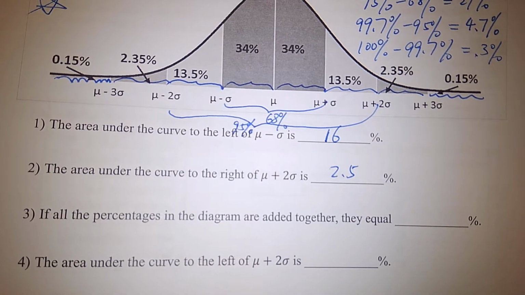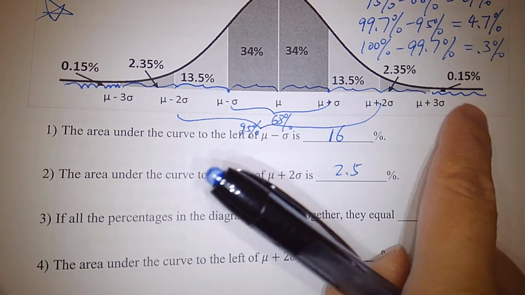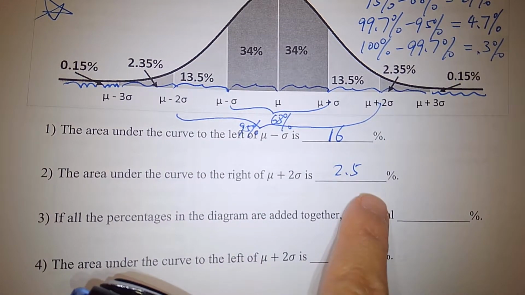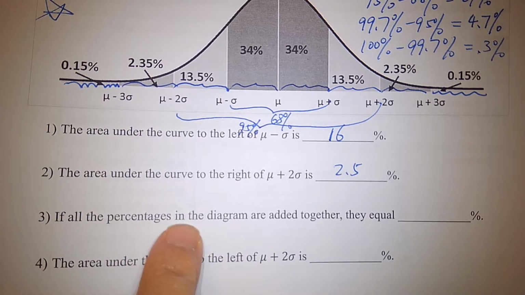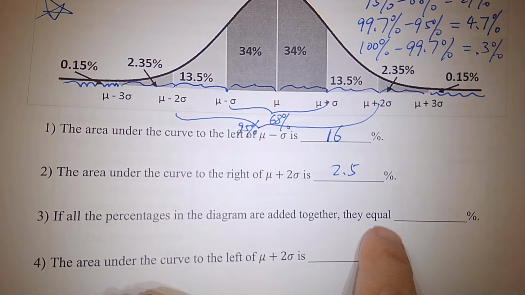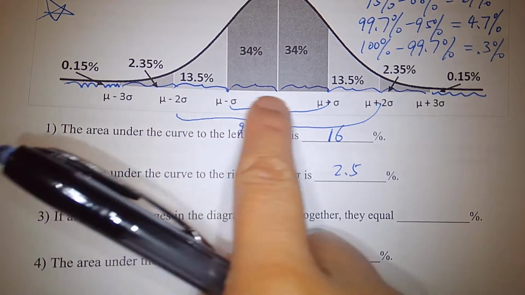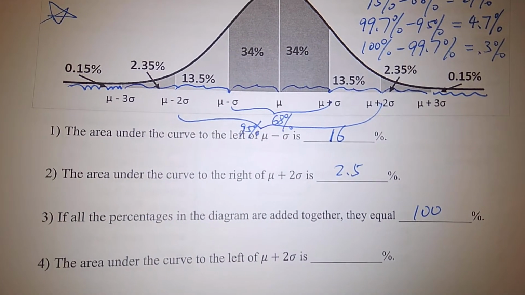Everybody agree with that? Yes, you're right. There are some other ways to do it as well, but the most straightforward way is to just add them up. 2.5%. Question 3. If all of the percentages in the diagram are added together, they equal how much percent? 100%.